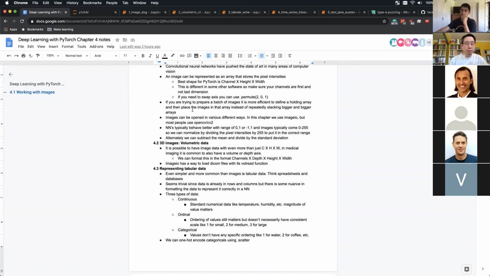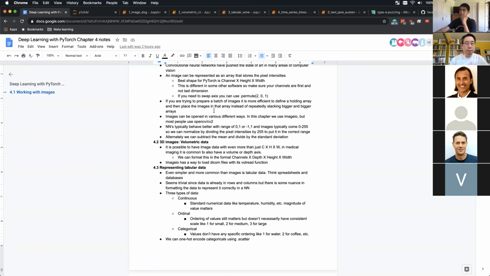One of the things they mentioned is that if you're preparing a batch of images, it's better to generate one big array, rather than taking a single image and stacking it with another image, and then stacking those two with a third, and so on. It's more efficient to make a batch.